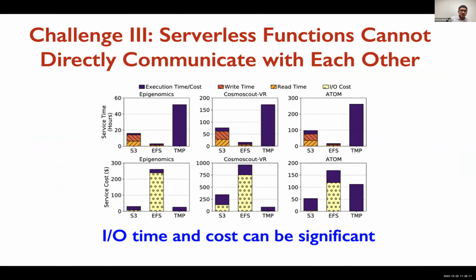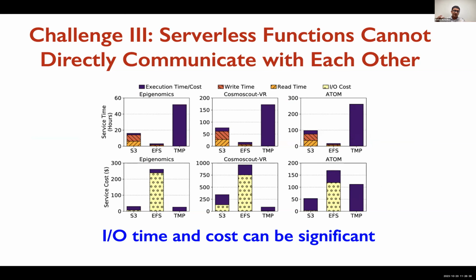The third challenge that we observe is that in production serverless platforms like AWS Lambda or Google Cloud serverless, these functions cannot directly communicate with each other. And thus, you cannot perform MPI as you can when running on an on-premise cluster. To communicate and perform I/O, these functions have to go via an external storage, maybe an external block-based storage or a file system-based storage.